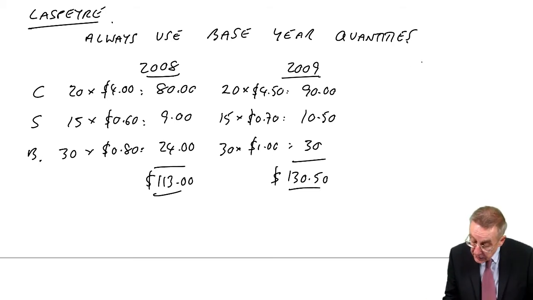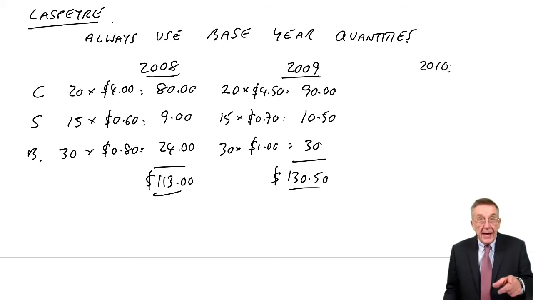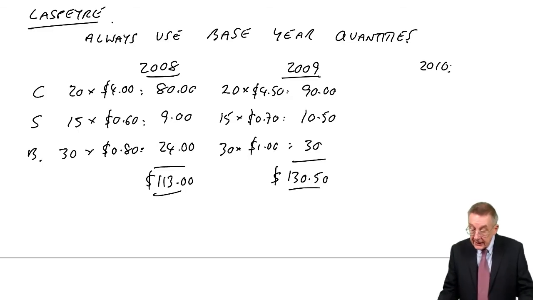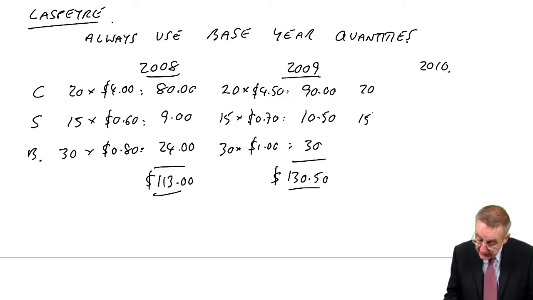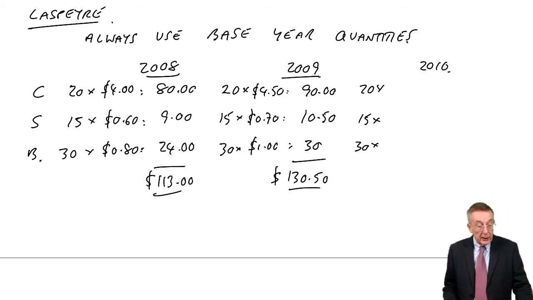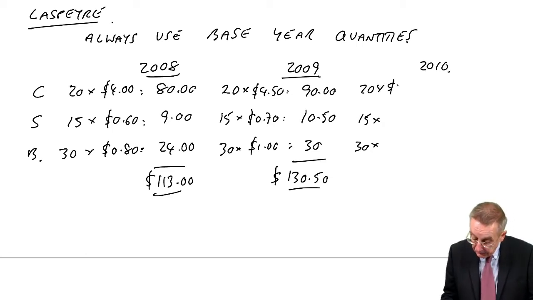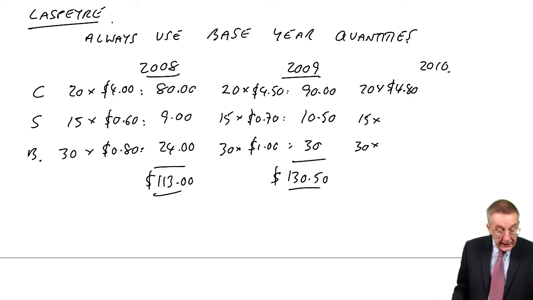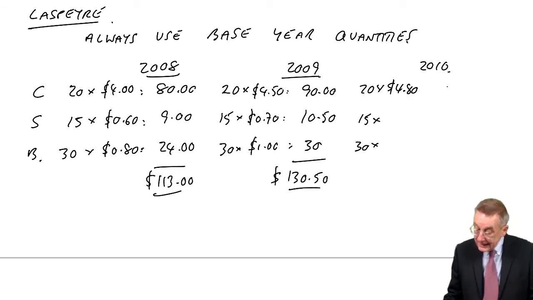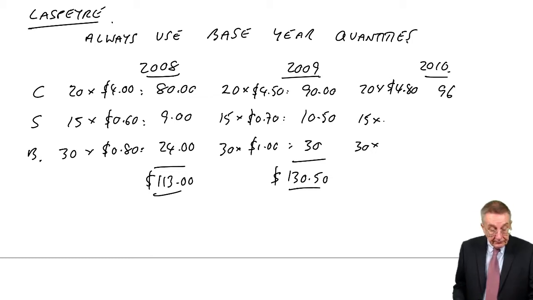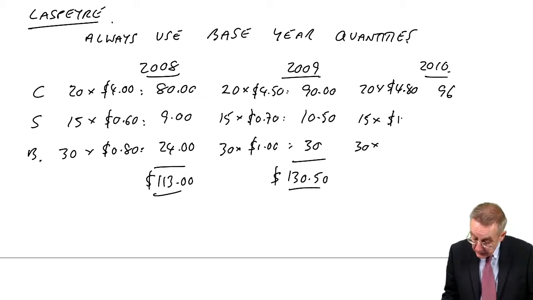And similarly, 2010, same shopping basket of same quantities, 20, 15 and 30. But what would that basket have cost now? Coffee $4.80 is a total of 96. Sugar, $1 is 15.